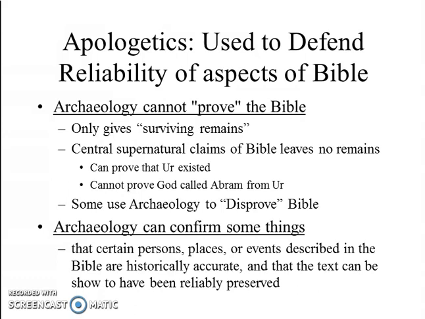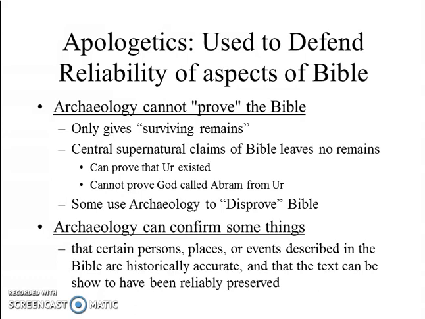Now, Christians sometimes use archaeology to prove the Bible. More liberal scholars sometimes use archaeology to disprove the Bible. We'll talk more about that when we talk about the conquest of Jericho. But certainly archaeology can confirm some things. Certain persons, certain places, certain events that are described in the Bible did exist.